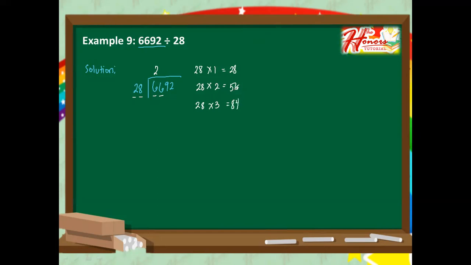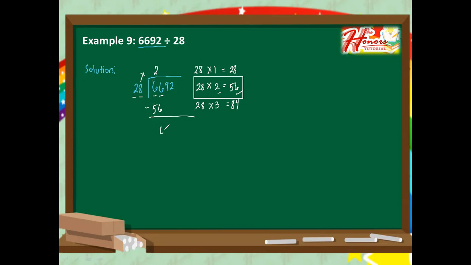Again, I don't have the exact value here for 66, but I can choose the closest number to 66, and that is 56. So I should be getting the number beside 28, and that is 2. No need for me to multiply 2 and 28 because it is already here, 56.